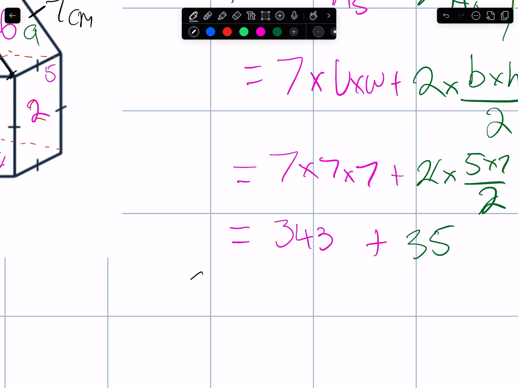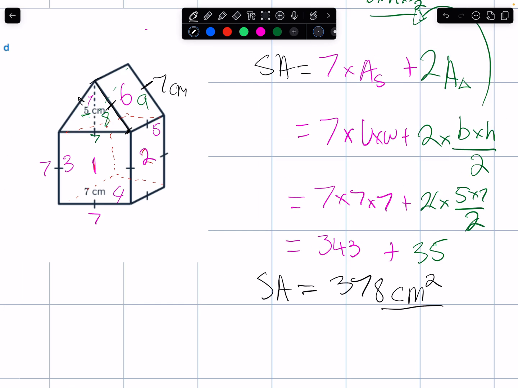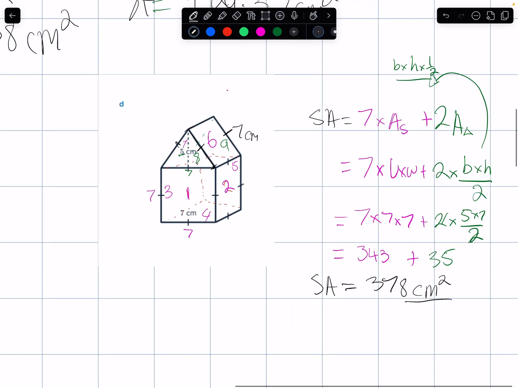So our surface area is equal to 378 centimeters squared. Not bad. 4 questions done and dusted, hey?